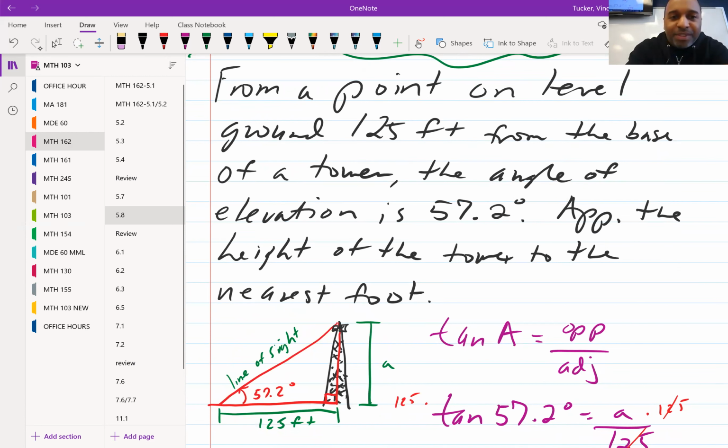So from a point on level ground, 125 feet from the base of the tower, the angle of elevation is 57.2. Approximate the height of the tower to the nearest foot.